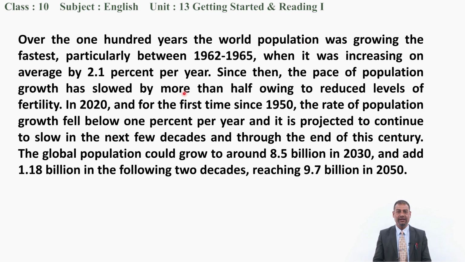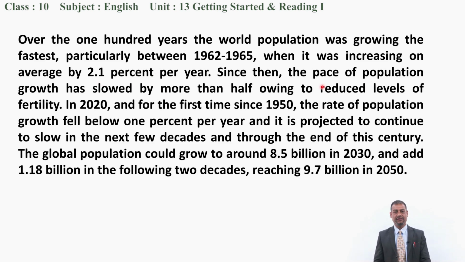This is the time, particularly between 1962 to 1965. This is the time when the population was growing the fastest one. So, don't forget this date, 1962 to 1965. When it was increasing on average by, what is the increasing rate? Oh yes, you are right again, 2.1% per year.